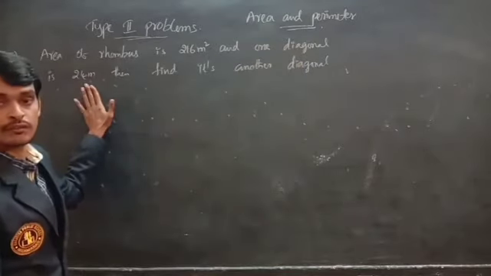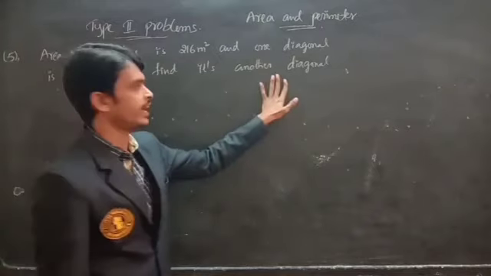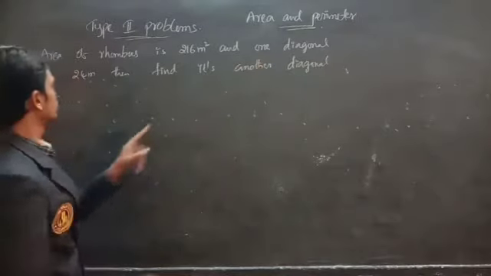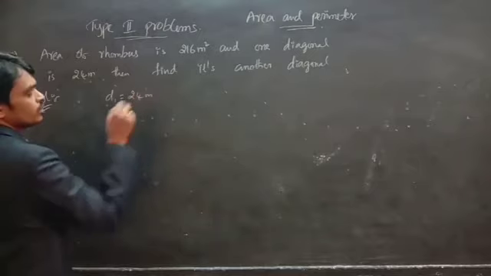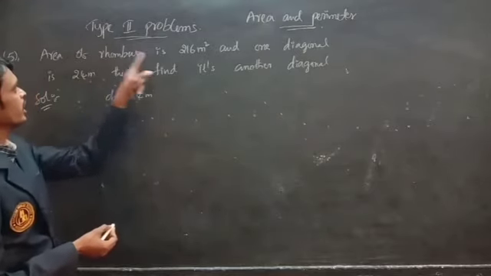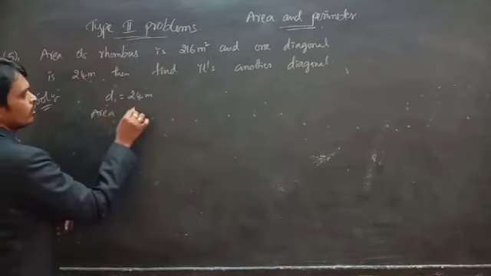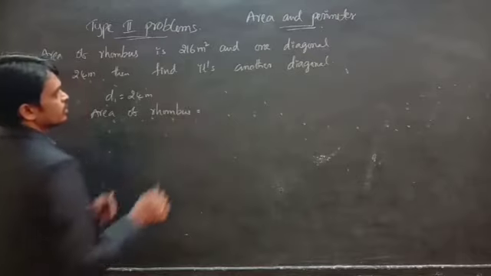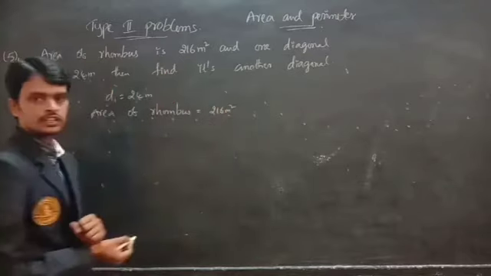Now in type 2, last problem, fifth problem: area of a rhombus is 216 meters square and one diagonal is 24 meters. Then find its other diagonal. Solution. One diagonal, D1, is given as 24 meters, and the area of the rhombus is also given, 216 meters square.